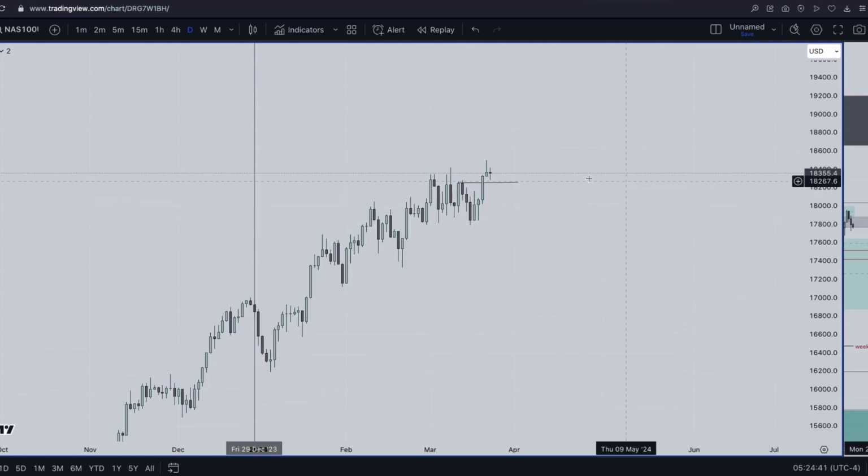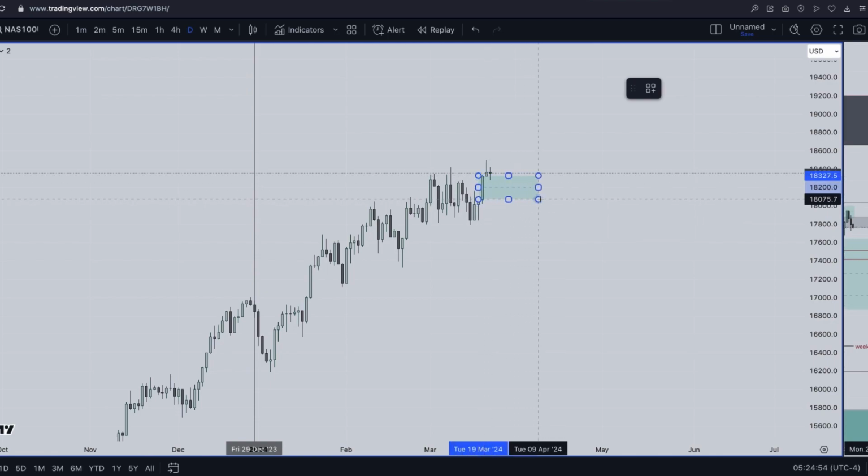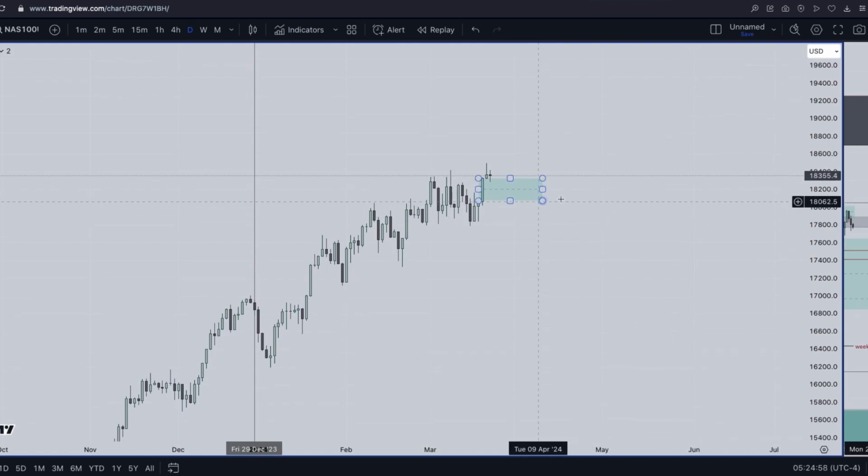This is already telling us something now, right? Price broke above this, and what happened again? We created this fair value gap here on the daily, right?